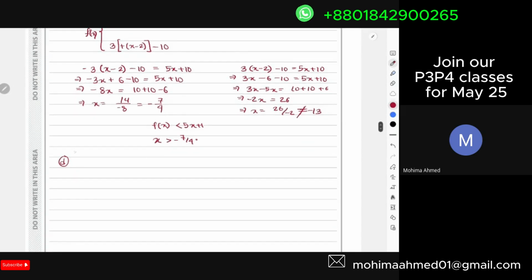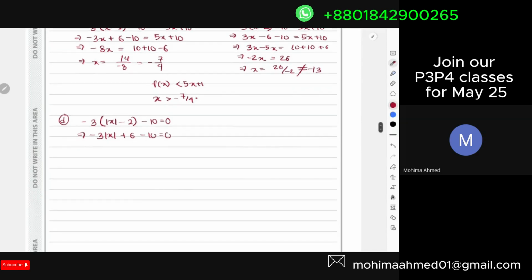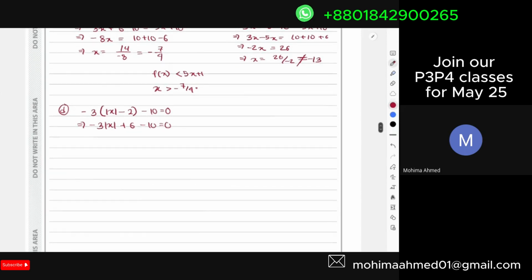This equals 0. So we have the equation as minus 3 modulus of x minus 2 minus 10 equals 0, right? We're using the negative of the f of x with the x modulus. So you get minus 3 modulus of x plus 6 minus 10 equals 0. That's going to be minus 4. Take that to the right hand side, it becomes positive 4, right? Plus 6 minus 10 is actually minus 4, and if we take this to the right hand side, it becomes plus 4.